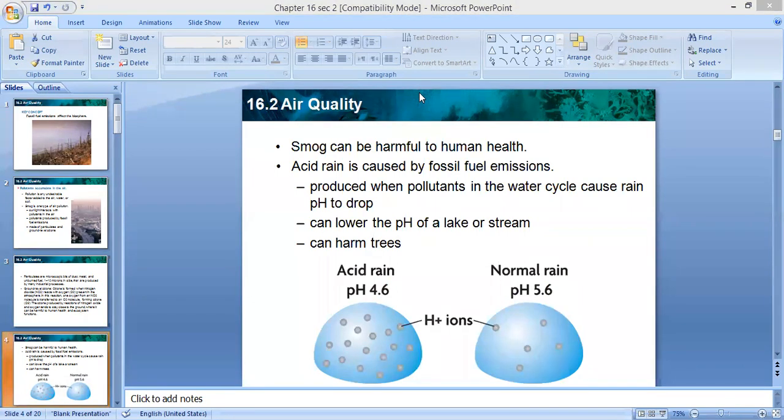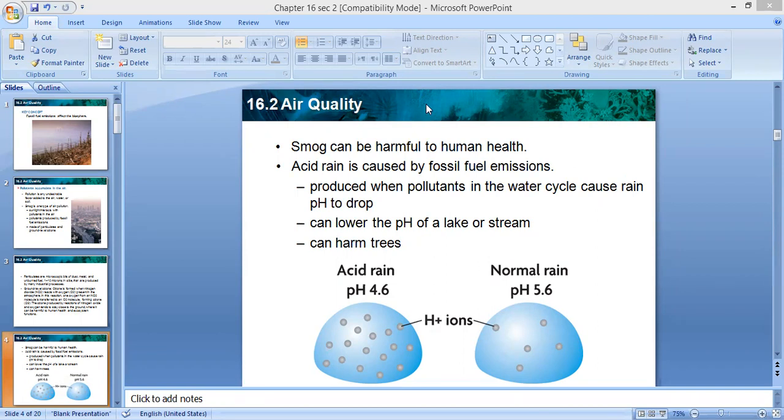Okay. What is the other type of air pollution? We said smog is one type, and the other is acid rain. Yes, Tasneem, can you explain for us what is acid rain? Acid rain is a type of precipitation, a type of rain produced when pollutants in the water cycle cause rain pH to drop below normal levels.